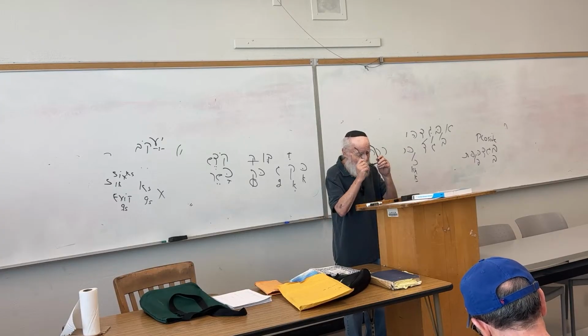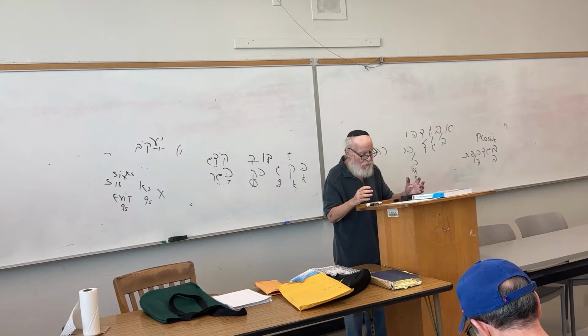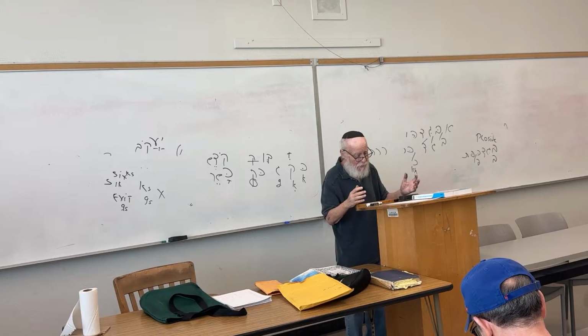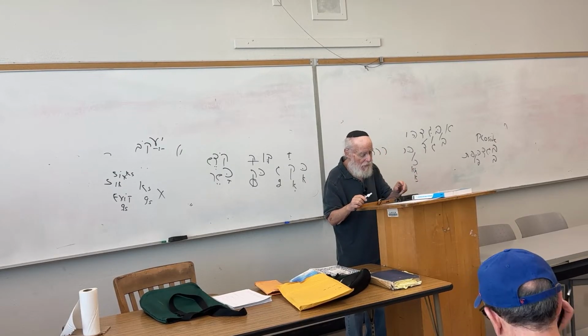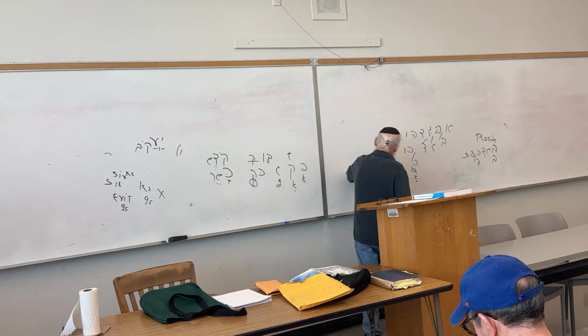All right, from the resh, we then go from 200 to 300. 300, you have the shin and the sin. That S-I-N is mispronounced as sin. It is pronounced as sin in Hebrew, but it doesn't mean sin in the sense of an infraction. Let me make this very clear because Israeli Hebrew can be very confusing right now.